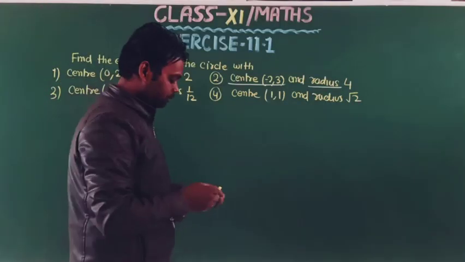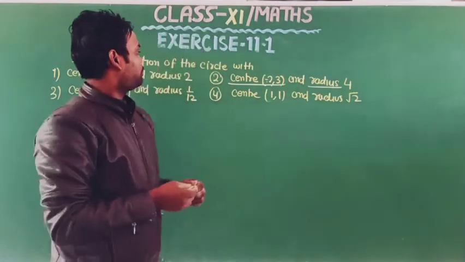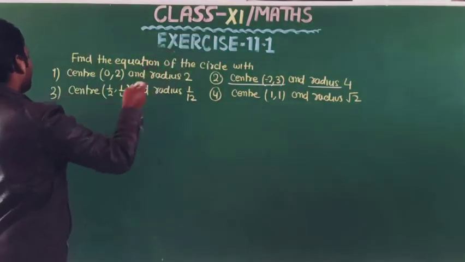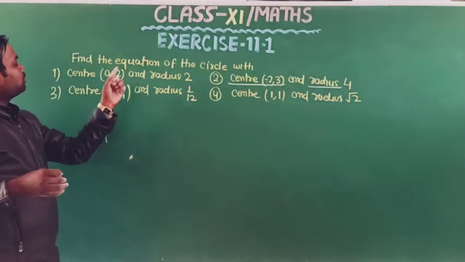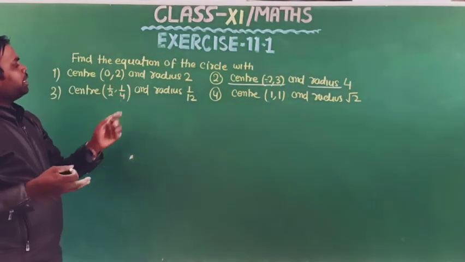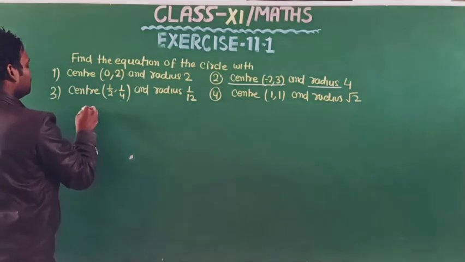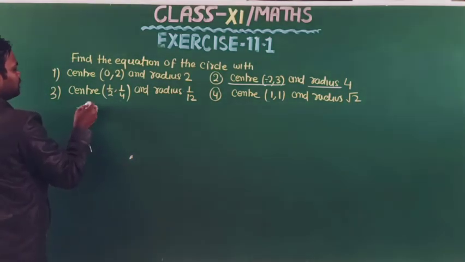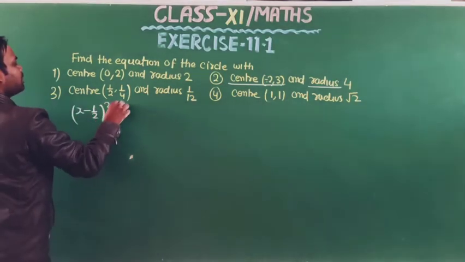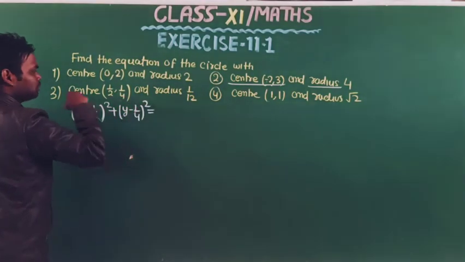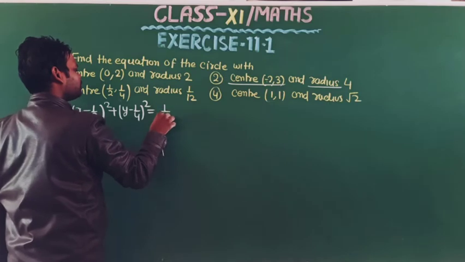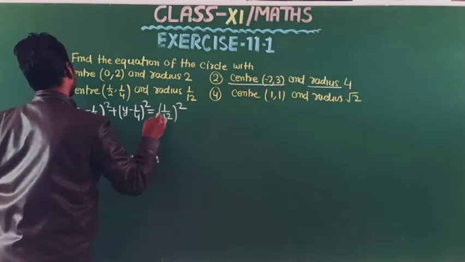Then move to the question number 3. So here center is (1/2, 1/4) and radius 1/12. So equation of circle is (x minus 1/2) whole square plus (y minus 1/4) whole square equal to (1 by 12) square.